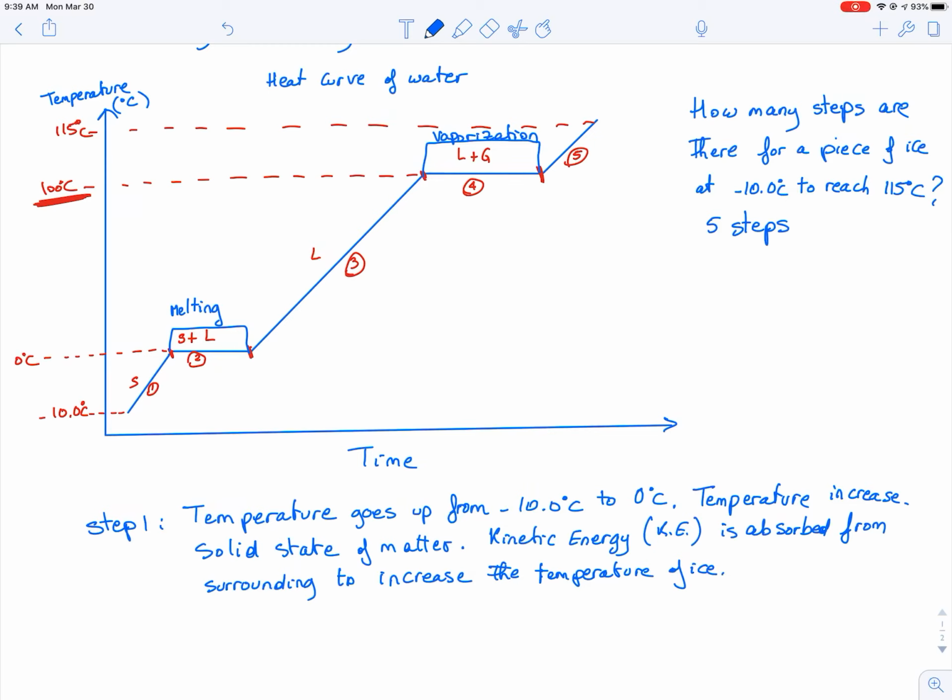Okay? So this is the first step. Temperature goes up, the temperature increases, you have one state of matter, kinetic energy is absorbed from the surrounding to increase the temperature of ice.